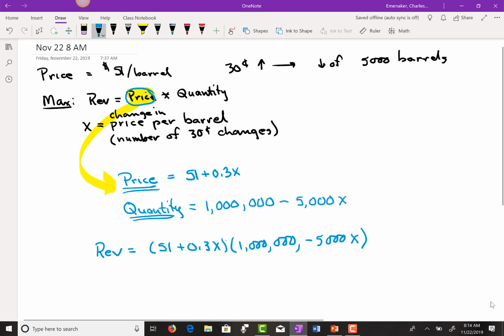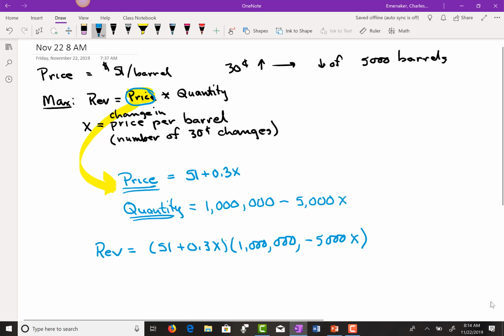Does that make sense? Everybody's good there? Okay. Just checking, reading over. Yeah, it's $51 a barrel. Where do we go from here? Any suggestions?